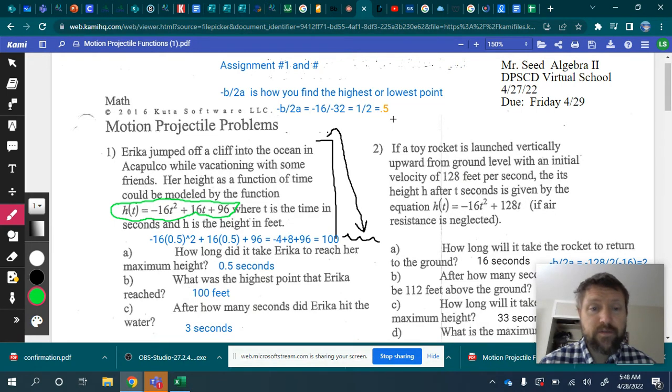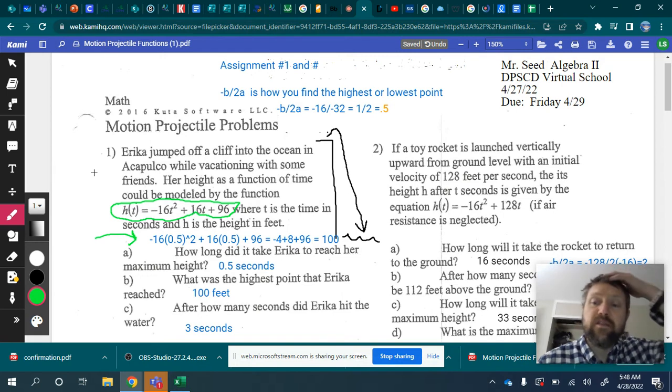To find her height, we had to substitute 0.5 into the equation. You see we did that down here. So these are the steps to finding the vertex, which if you were in Miss Sandy's class, you know that she showed you. You're going to be practicing that again today with different numbers.